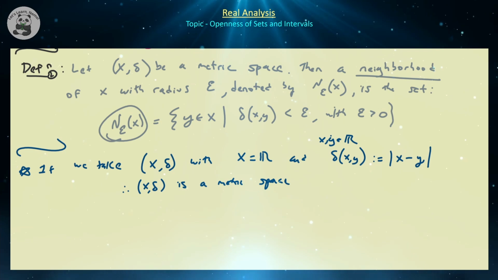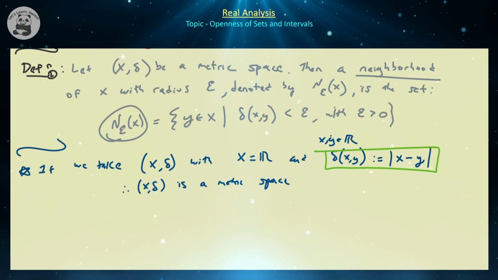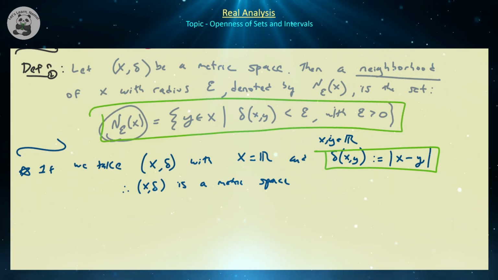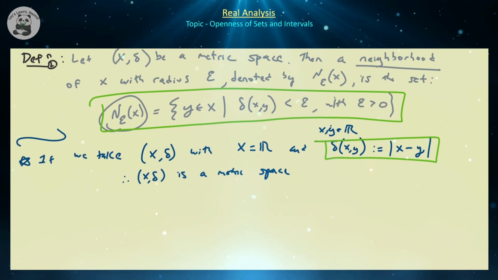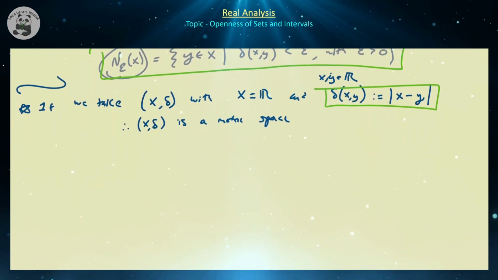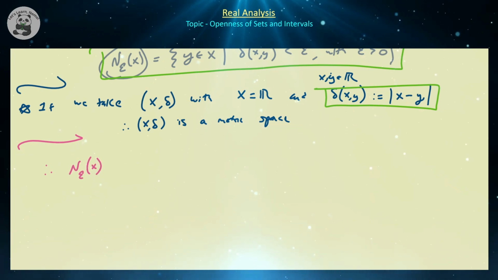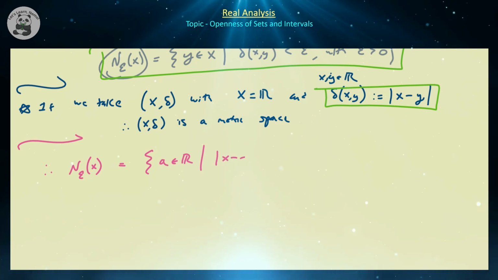So if (X, delta) is a metric space prescribed with this particular metric, how can we view this general definition of neighborhoods for this particular metric? Under that particular metric, what do we have? N epsilon of x would be equal to the set of all, let's assume, numbers a in the set of real numbers such that the absolute value of x minus a is less than epsilon, by definition, right?